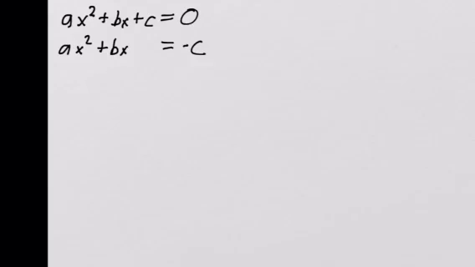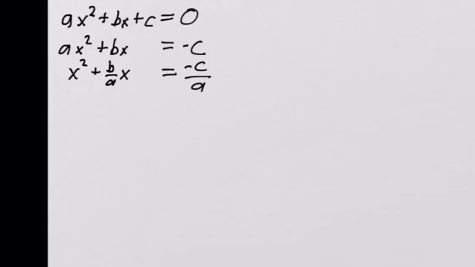Now we're going to divide both sides of this equation by a. So we're going to have x squared plus b over a, x, is equal to minus c over a.